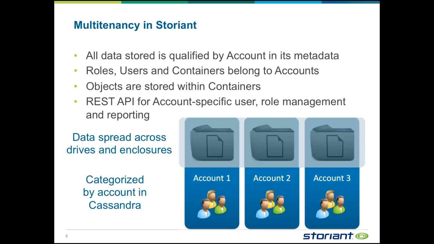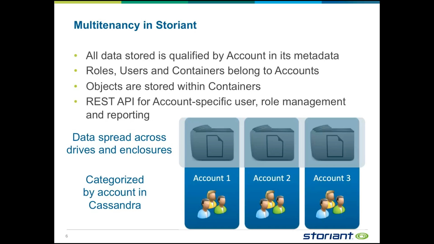There is a RESTful API on the front end of the object store to put and get, or store and retrieve, objects. There's also a separate REST API for account-specific user creation and management, role management, and end user reporting, meaning that individual end user customers can do their own reporting, look at their data utilization, and manage their own users.